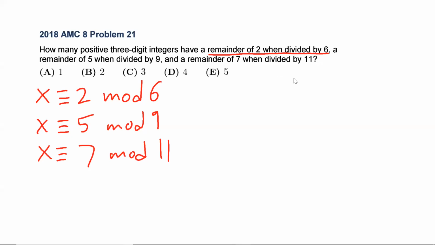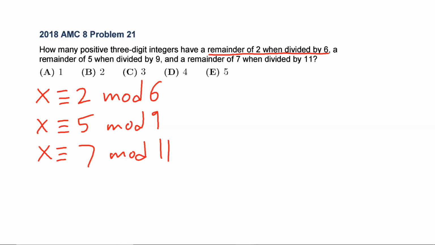Okay, so that's what mod basically means. And you'll notice that 2 mod 6, 5 mod 9, and 7 mod 11 actually have something in common, because 6 minus 4 is 2, 9 minus 4 is 5, and 11 minus 4 is 7.